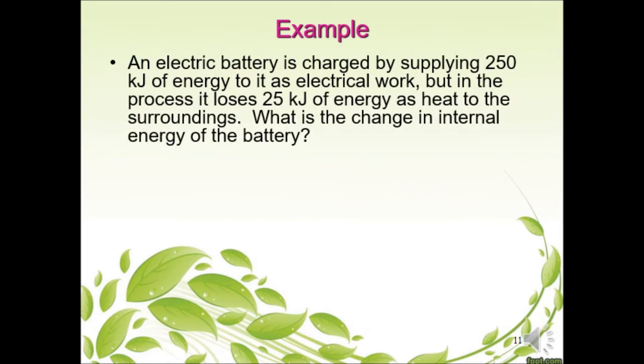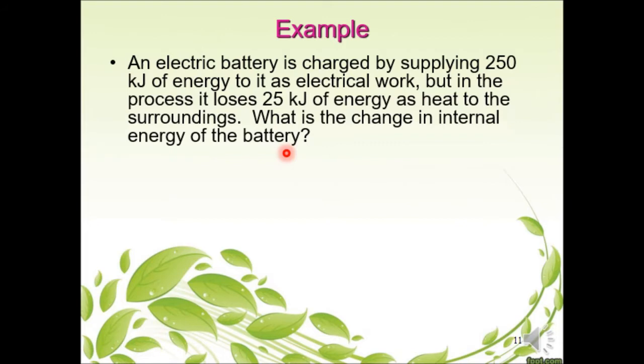Alright, let us look at this example here. An electric battery is charged by supplying 250 kilojoules of energy as electrical work, but during the process it loses 25 kilojoules of energy as heat to the surroundings. What is the change in internal energy of the battery? So how to relate internal energy with heat and work?